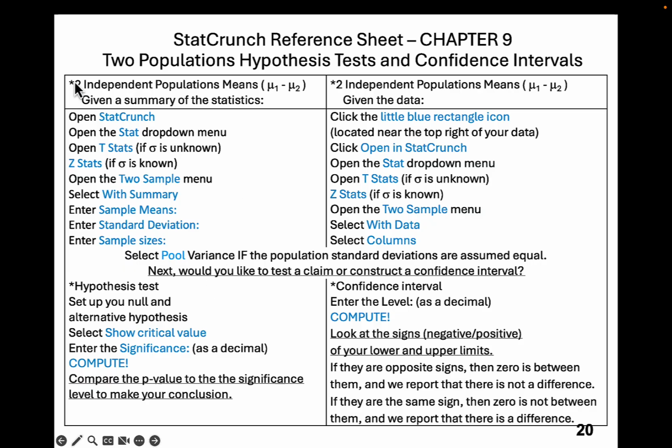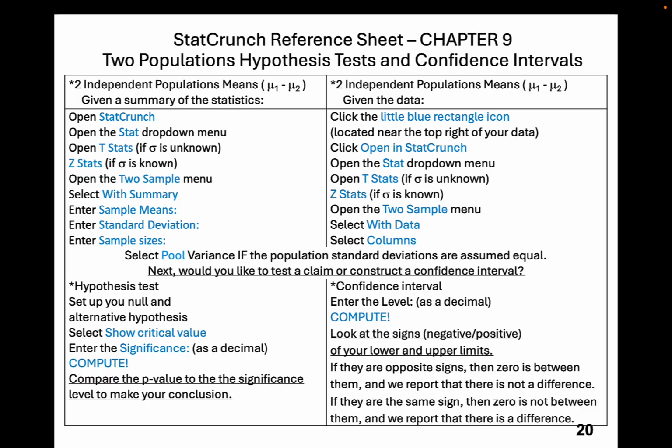First side, two independent population means given the summary of the stats. Next column is two independent population means given the data. So based on if you're given the summary of the stats or if you're given the data, that's where you start, okay? If you're given the summary of the stats, you're going to have to make that selection between T stats and Z stats. And we know that's always based on the knowledge of sigma.